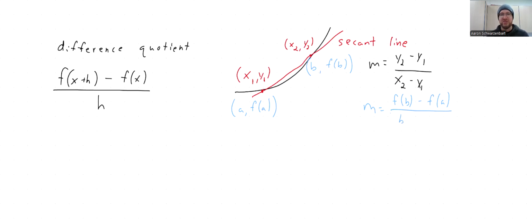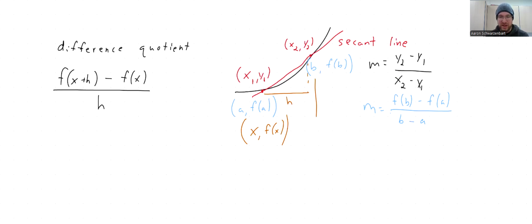So you'll see that formula, and that just means slope between the lines. Now's where it gets real interesting. We're going to call this x, f of x. This is where the difference quotient comes in. And we're going to call this horizontal distance h.